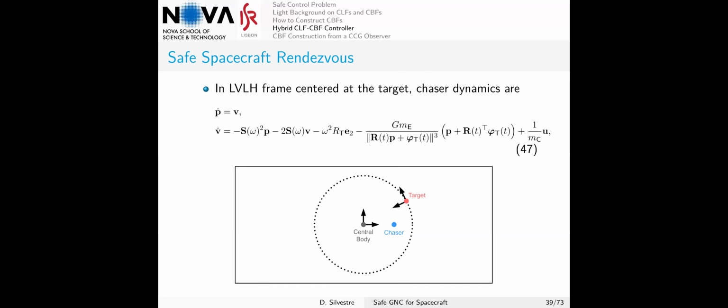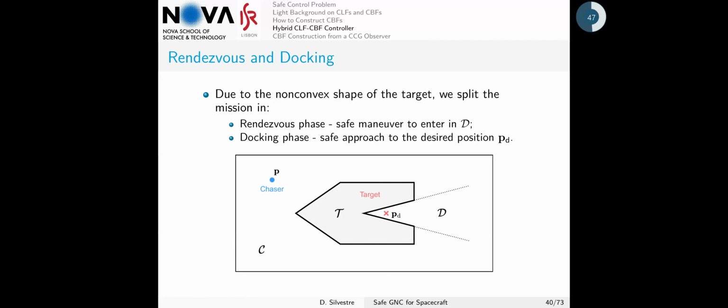The only part that I really care about is that this is now in strict feedback form, because you have this first outer loop, and then you have the inner loop, which depends on your input. The objective here is that we want the chaser to dock inside this non-convex region of the target.